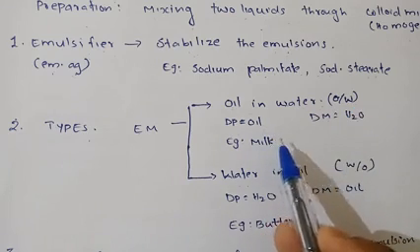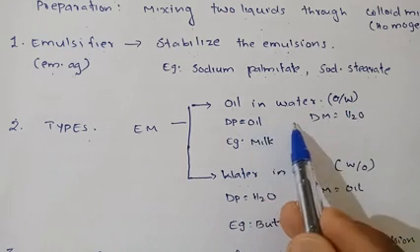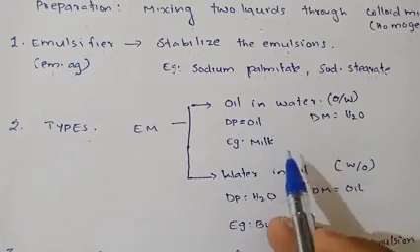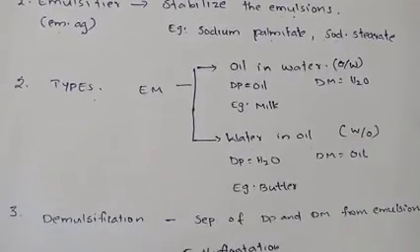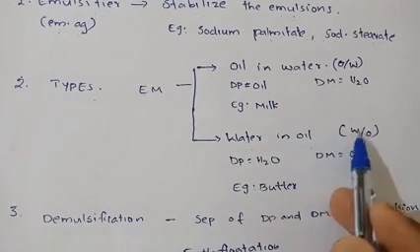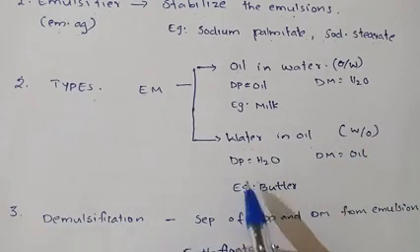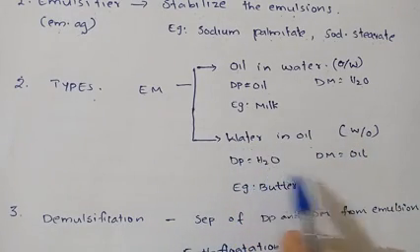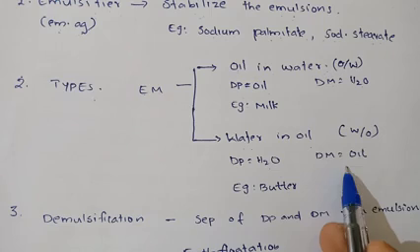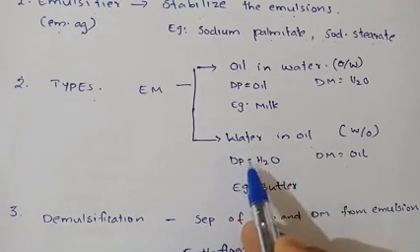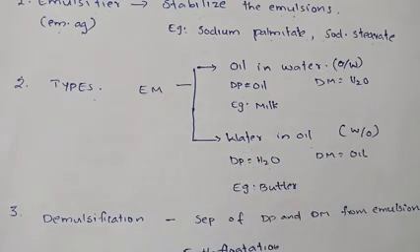Milk is an example for oil in water emulsion. Clear? So the other emulsion is water in oil, or W/O. Here dP is water and dm is oil. So water as dP, oil as dm.